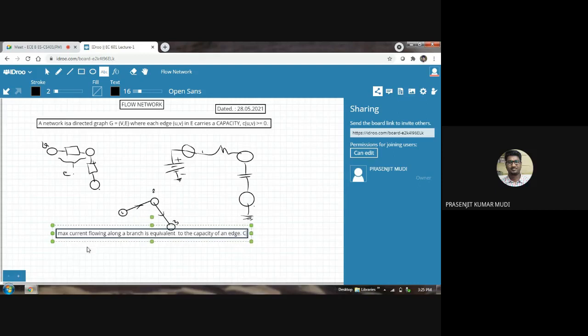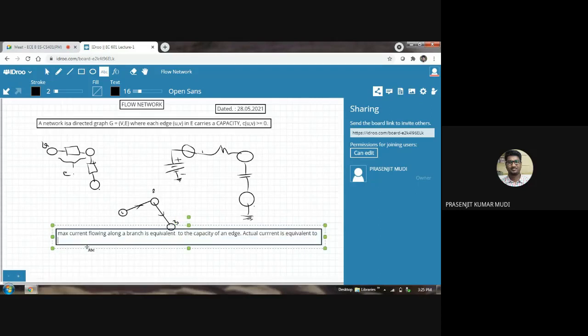Okay, and the actual current flowing may be the maximum current or the minimum current. The actual current may lie between the minimum current and the maximum current. So the actual current flow is equivalent to the flow of an edge.